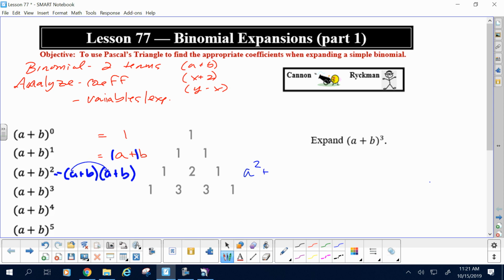A times a is a squared, plus 2ab plus b squared. Notice the coefficients there are actually 1, 2, and 1. Now you're going to start to see a pattern to the coefficients, and we're going to show this in what's called Pascal's triangle.